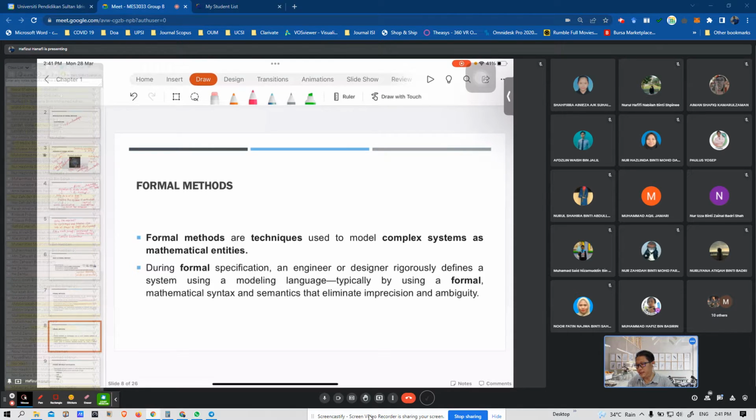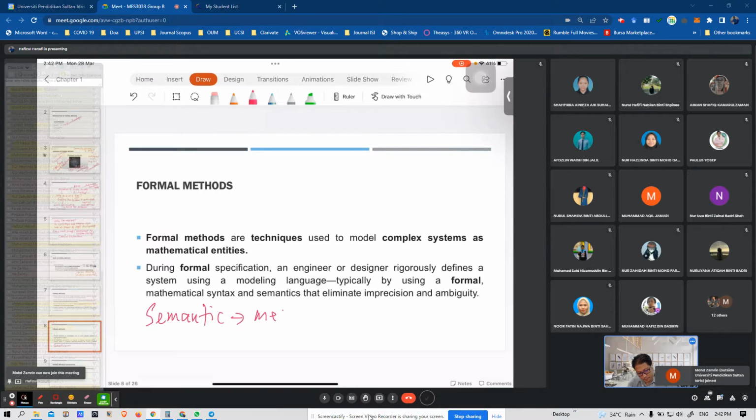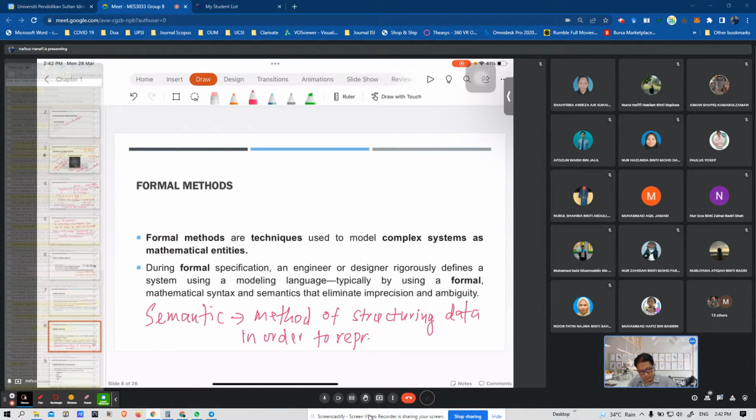For your information, a semantic model is a method of structuring data in order to represent a specific logical model. Certain data in order to represent.